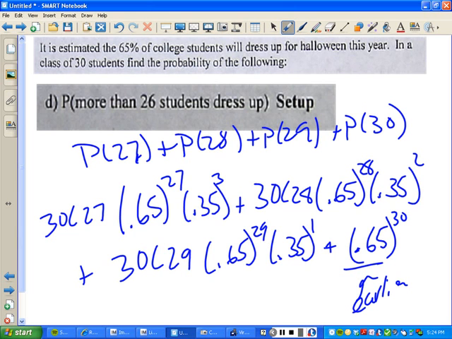Okay? And that's what the setup looks like. That's what I mean when I say setup only.